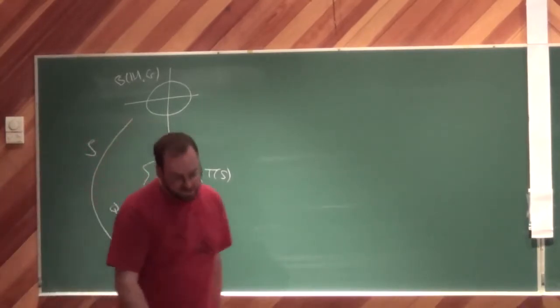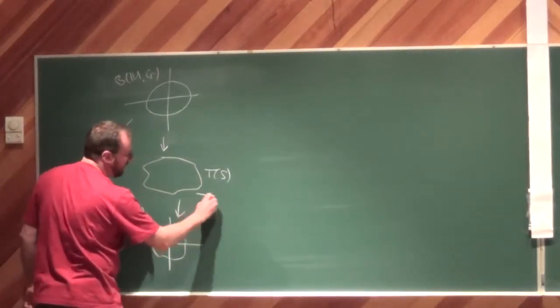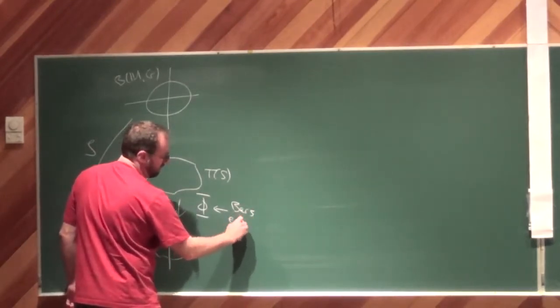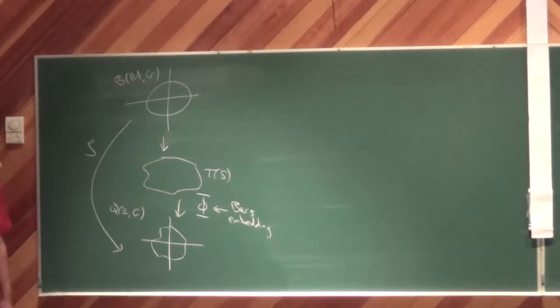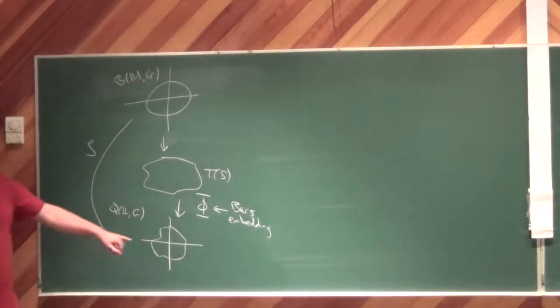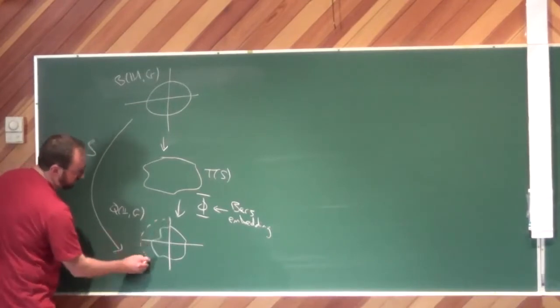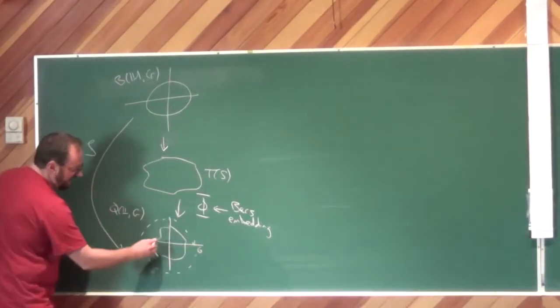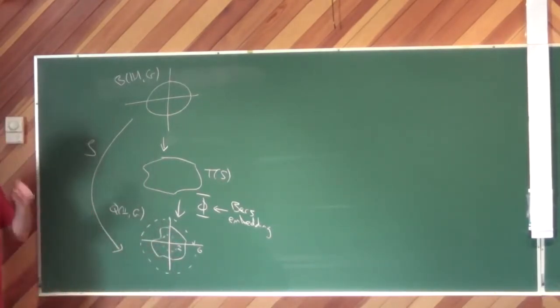Capital phi here is the Bers embedding and 1-to-1 onto its image. Now, the image here is contained in a ball of radius 6, and it contains a ball of radius.